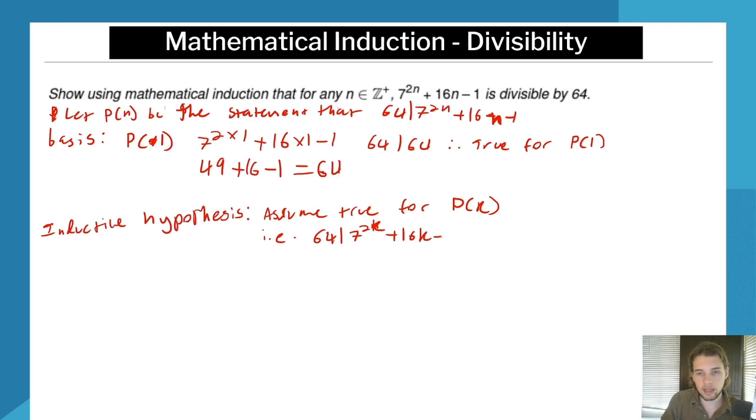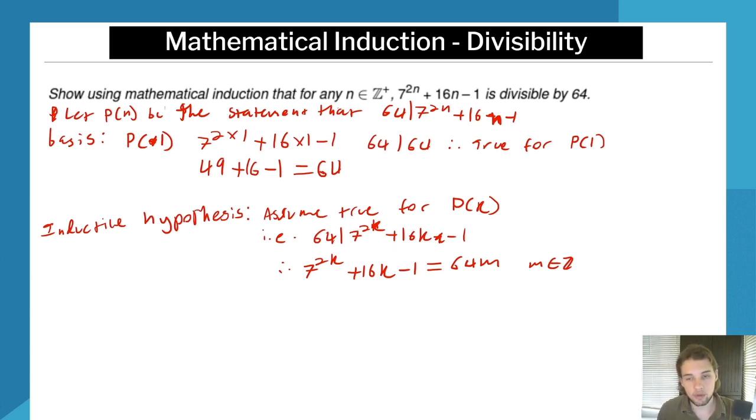We can write 7 to the power of 2k plus 16k minus 1 is equal to 64m, where m is any integer. What this is saying is basically the same statement: 64 is a factor of this, which is the same as saying 64 divides this. So based on this, we can finally do our inductive step.